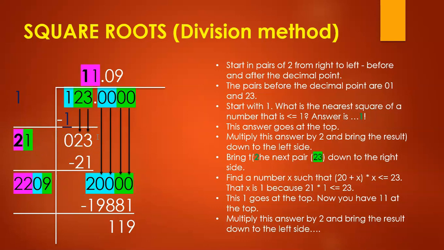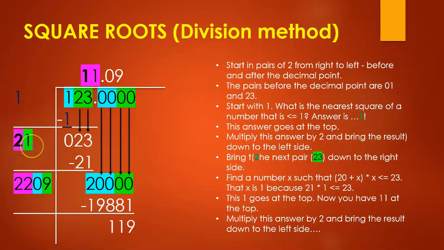Now the next step is to find a number x which satisfies this formula: 20 plus the digit, times the same digit, should be less than or equal to the number on the right side, which is 23. So what would that number be?